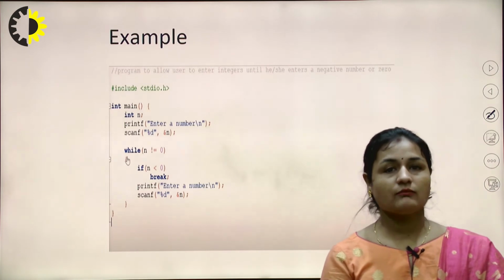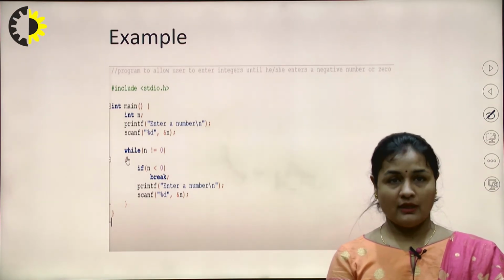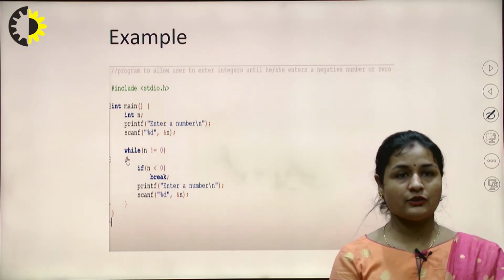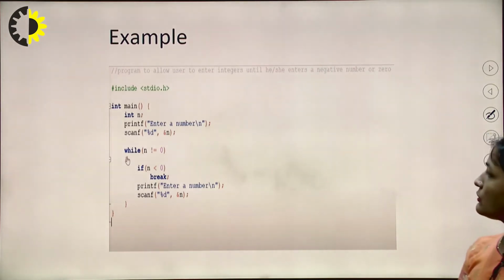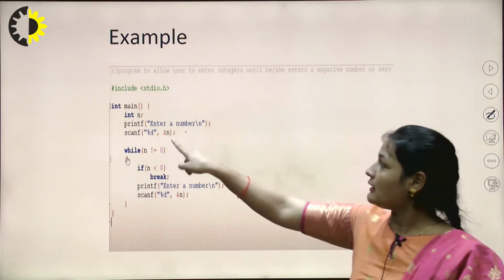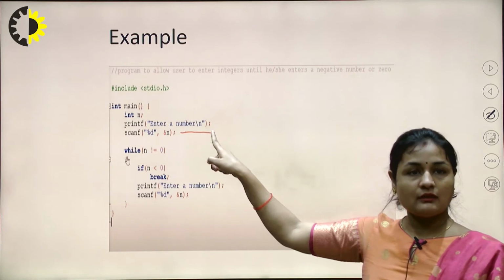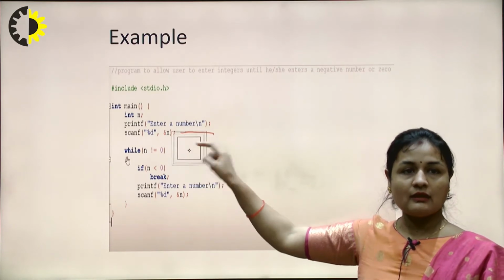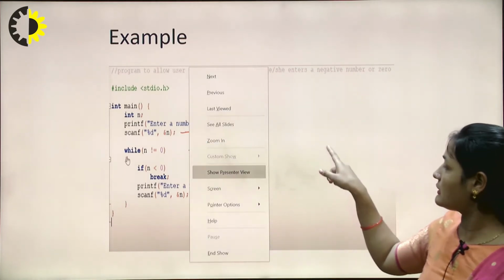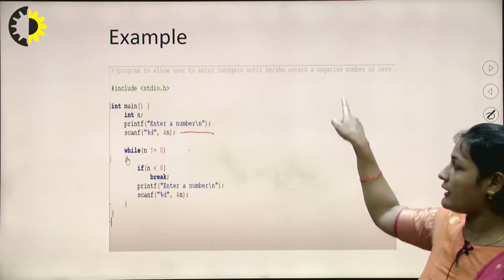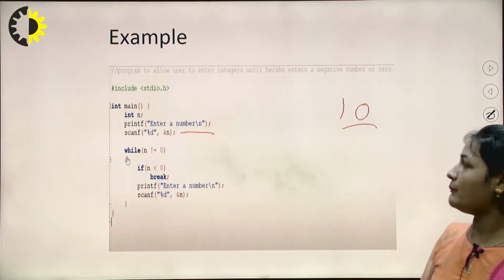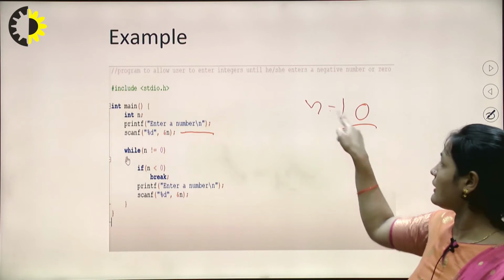So this is a program to enter a number until a negative number is entered. int n, print enter a number, scanf %d, n. So here the user writes a number. For example, we enter 10, so n is equal to 10.